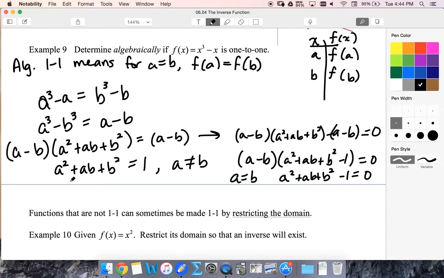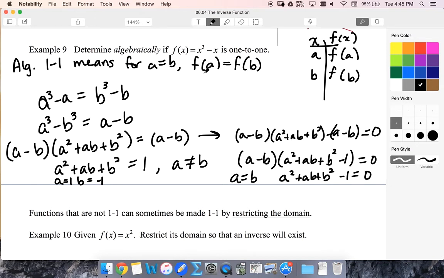Well, looking at this, I can already see a pair just by inspection that if a was equal to 1 and b was equal to -1, this would be true. So obviously 1 does not equal -1. That means that this expression can't be one-to-one because there's more combinations than just a equals b that will give us two y values equal to each other.